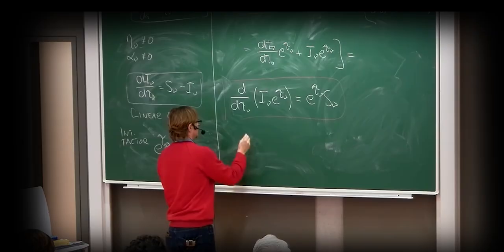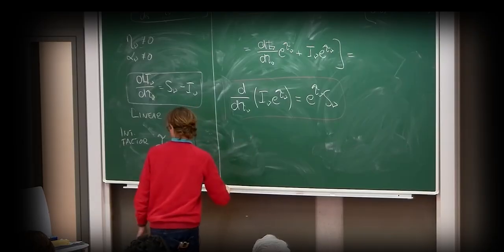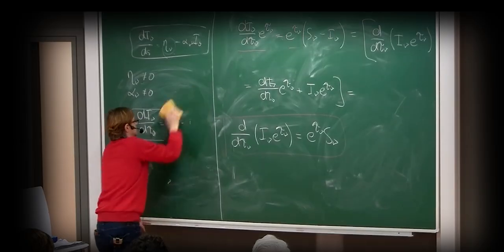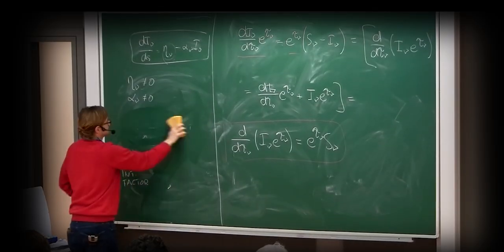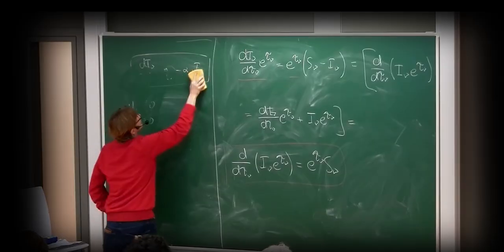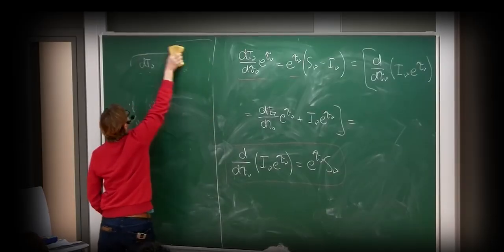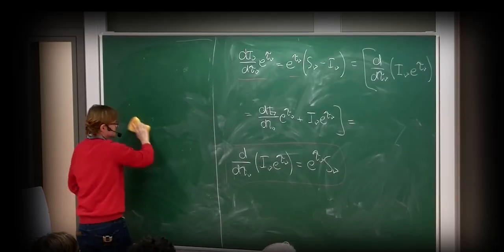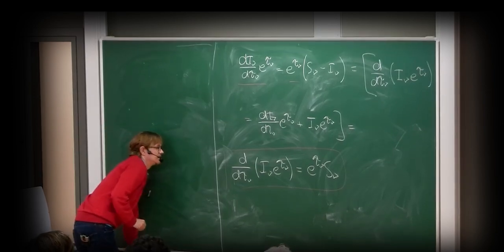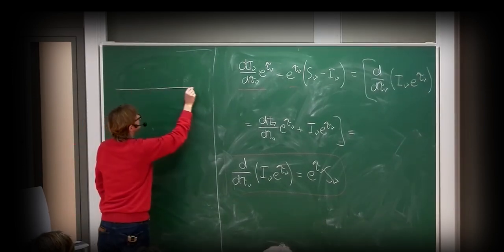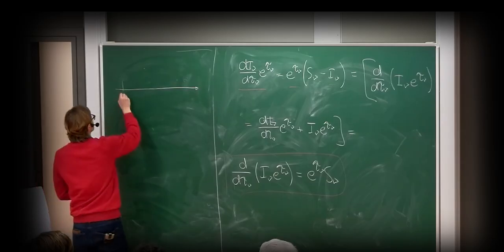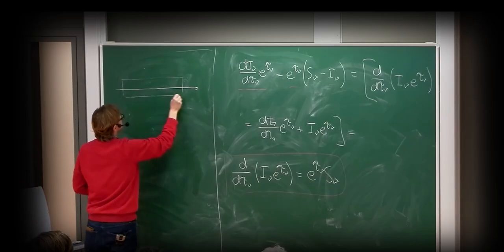So then, again, let's put the little geometry sketch here to the left. We're going to have something like this again. And then we have some slab here. Yeah?